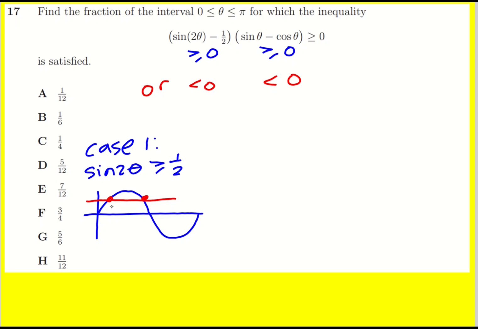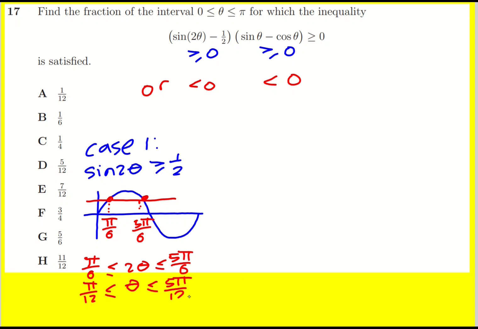We're working in radians, so I know it's 30 degrees, but it's going to be pi over 6 and 5 pi over 6. So pi over 6 is less than or equal to 2 theta, less than or equal to 5 pi over 6. Remember, don't forget about the 2 theta bit. And therefore, theta is going to be between pi over 12 and 5 pi over 12.